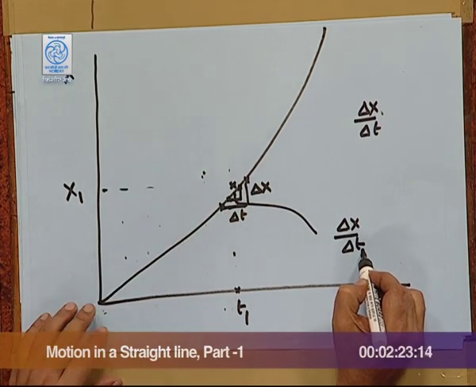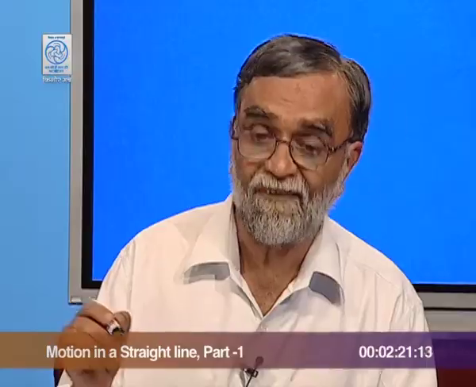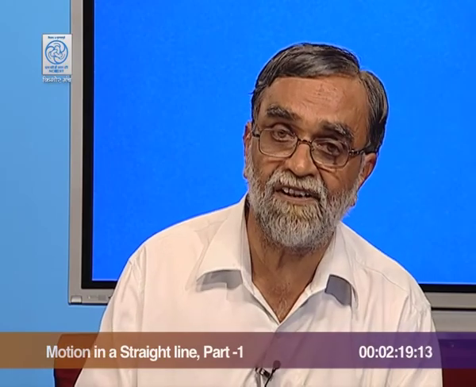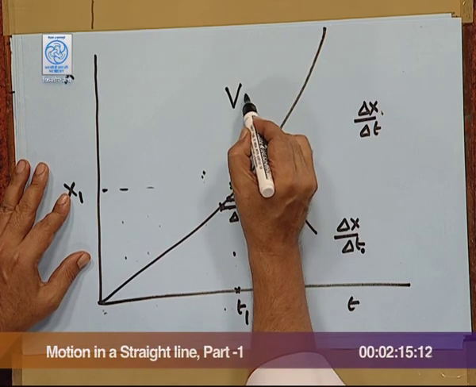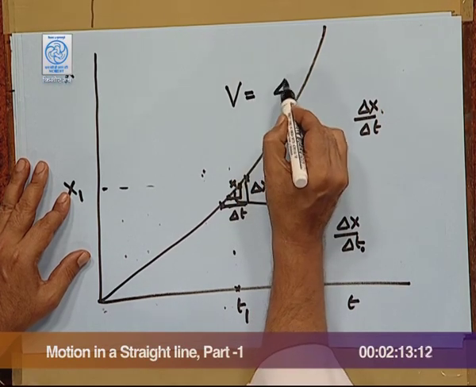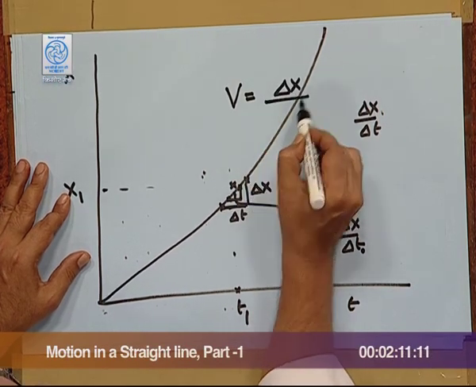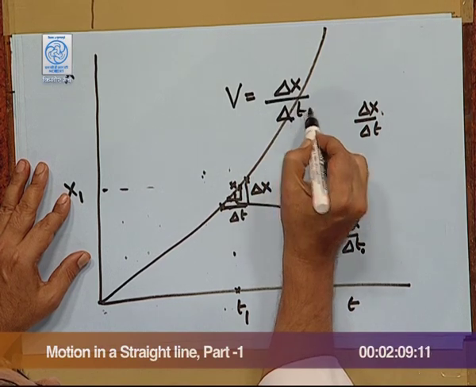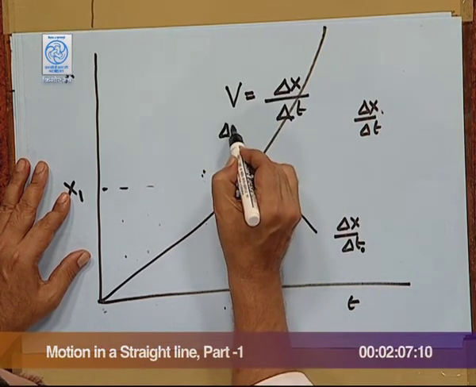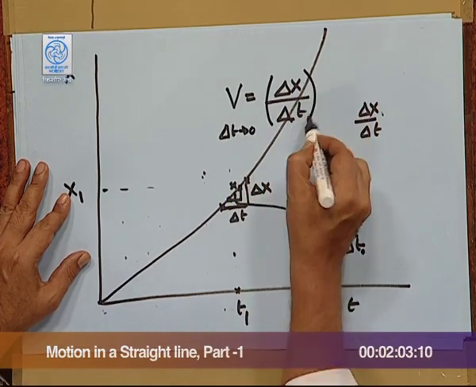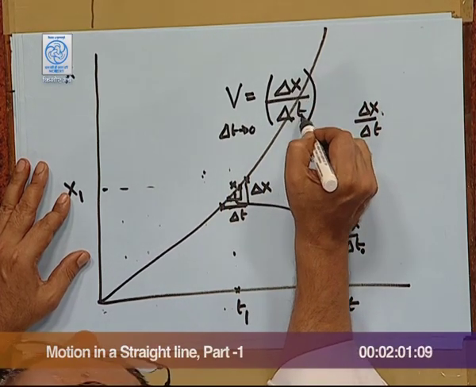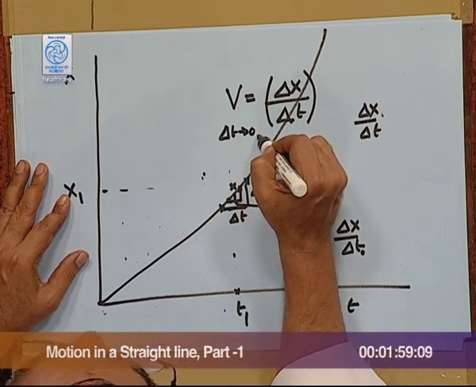Go on doing this. Now, what we mean by instantaneous velocity at a certain time, which is represented by v, is delta x by delta t for small intervals of time, when delta t tends to 0. We are trying to find the value of delta x by delta t when delta t tends to 0.